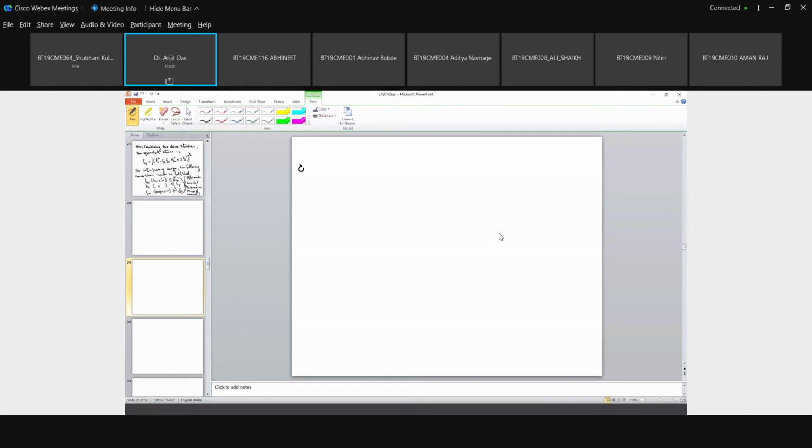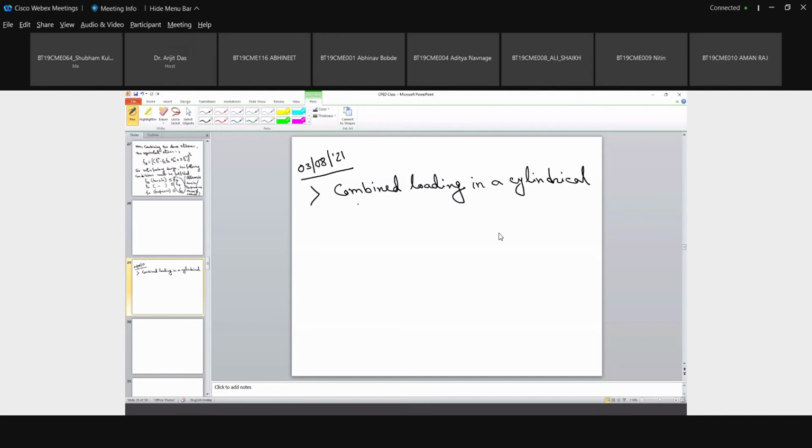Today is the third lecture. So we were discussing the combined loading, and for that we know different expressions for the different types of loading.